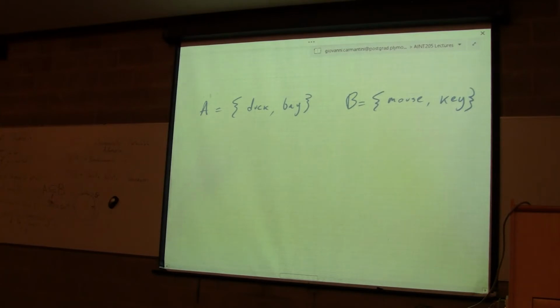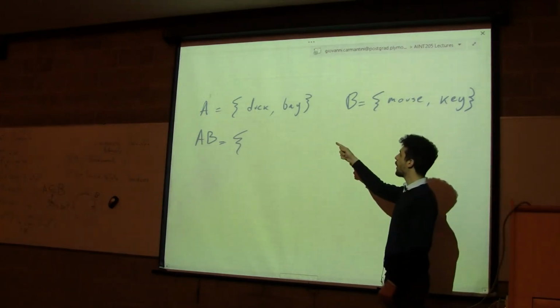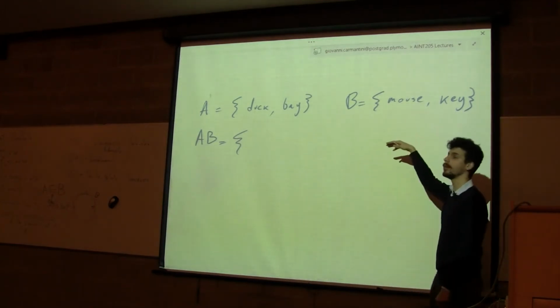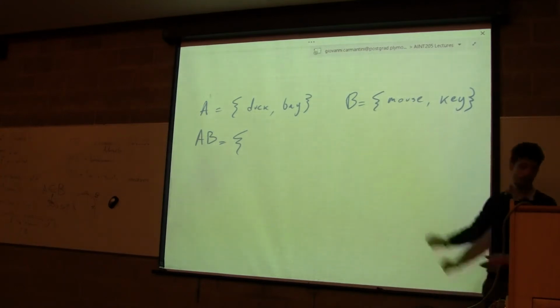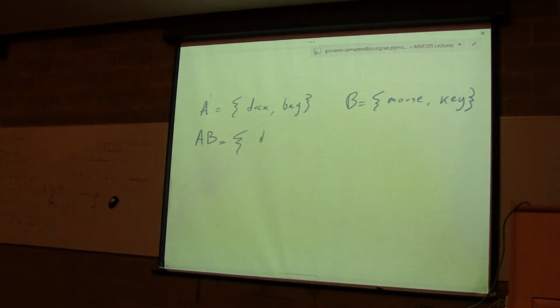Let's say I want the concatenation of A and B. You get a symbol from A and you combine it with all the symbols from B. You get another symbol from A and you combine it with all the symbols from B. So it will be duck mouse, duck key, bay mouse, bay key, which doesn't make any sense.